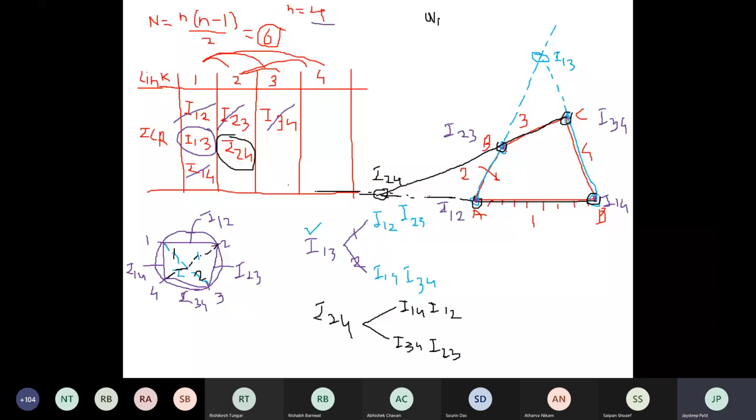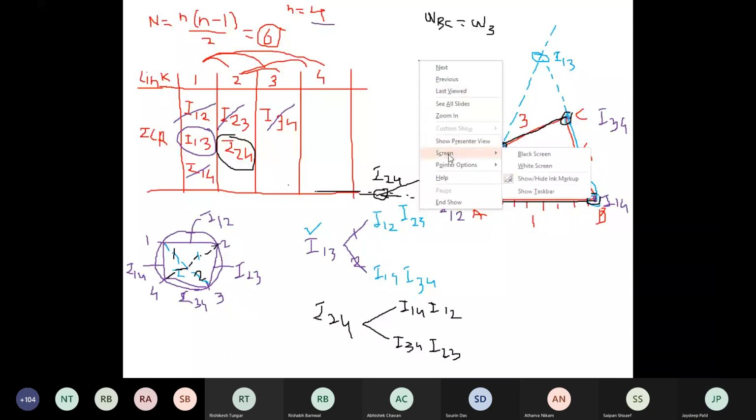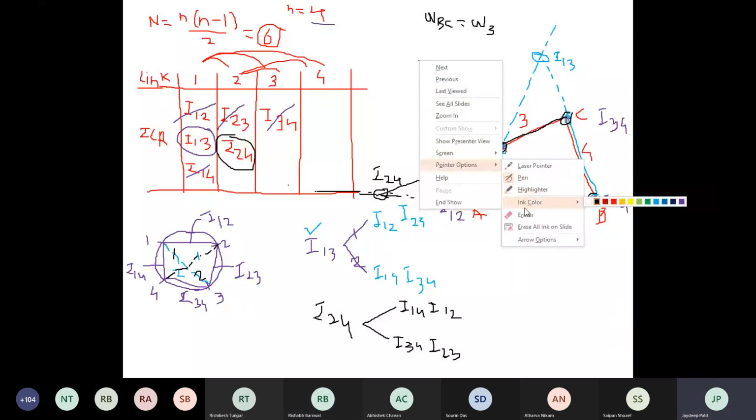Now BC means which link? Now tell me in number. What is the number of link BC? 3, right? You have to find out here omega 3. Now 3 is connected to which link? 4 and 2.